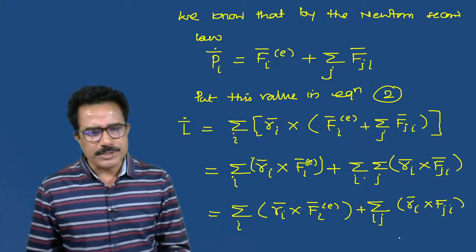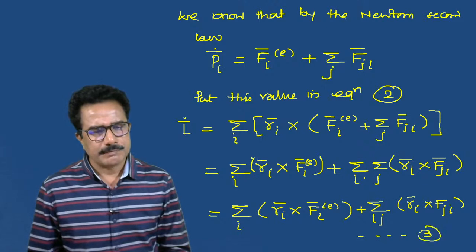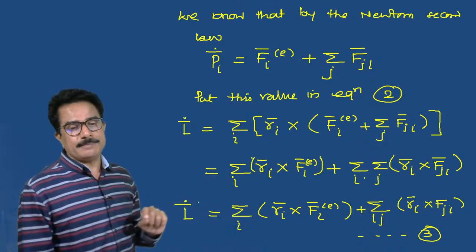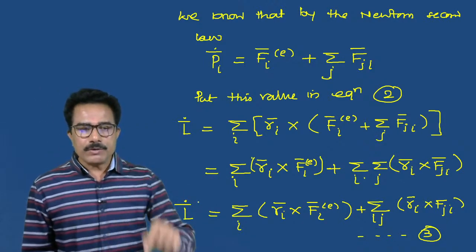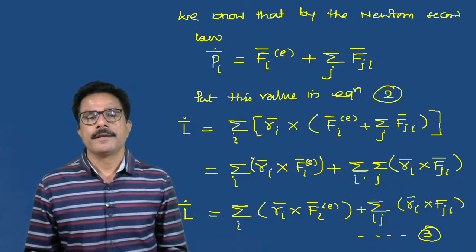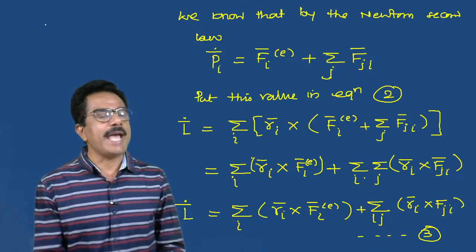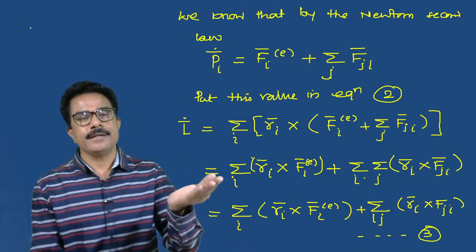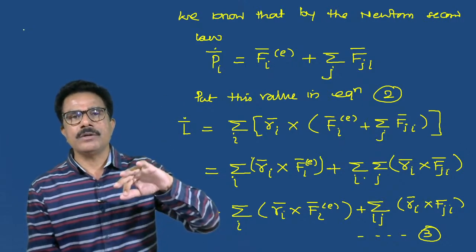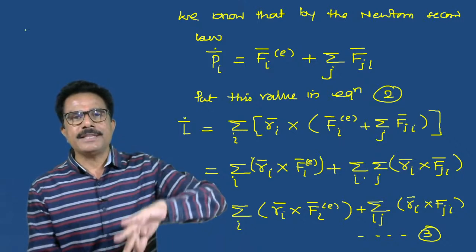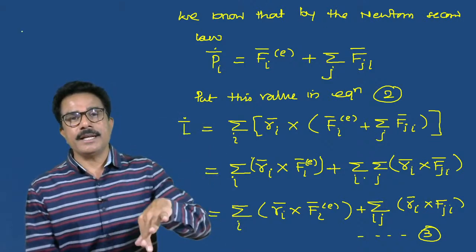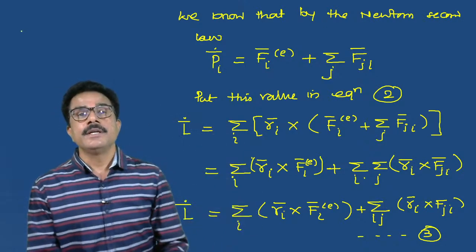See this, suppose this is equation number 3 for L bar dot. Yesterday we have seen that the summation over F_ij and F_ji, that is the internal forces exerted on the ith particle by the jth particle and on the jth particle by the ith particle, is 0.